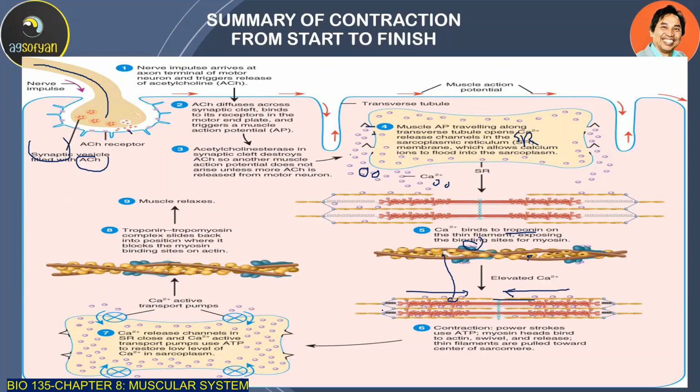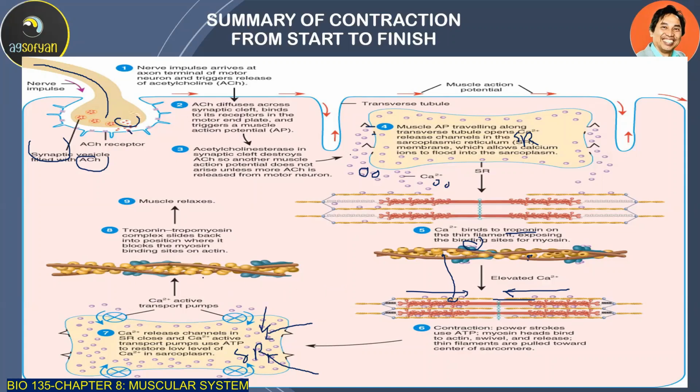That's contraction. Now, how about relaxation? When there is no acetylcholine released anymore, what happens? It will trigger the removal of calcium back into the SR. When there is no calcium available in the sarcoplasm, what happens?